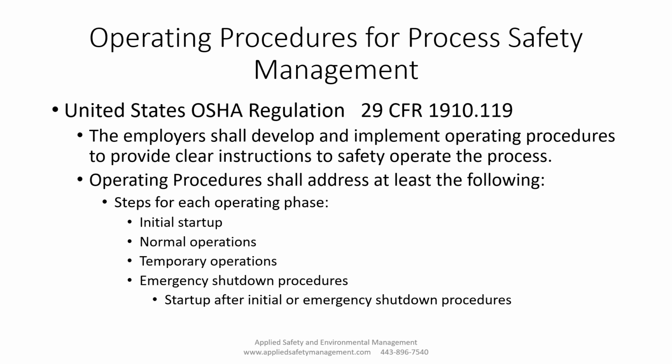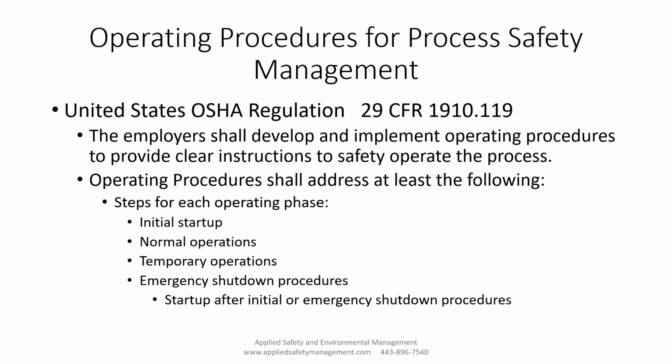So let's talk about why we're going to do this. A lot of this section is going to be right from the CFR. So operating procedures have to address the following, and this is for the process safety management standard. I try to use this same exact standard for all of my processes and all of my procedures, whether they're part of PSM or not, just because it seems like a really good way to operate also.